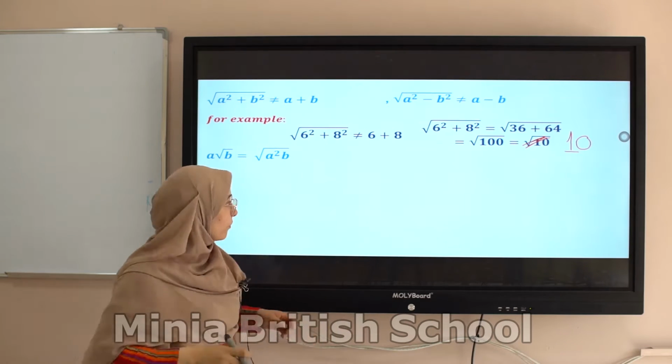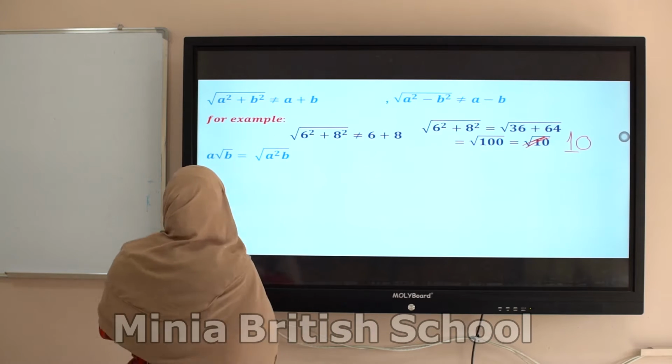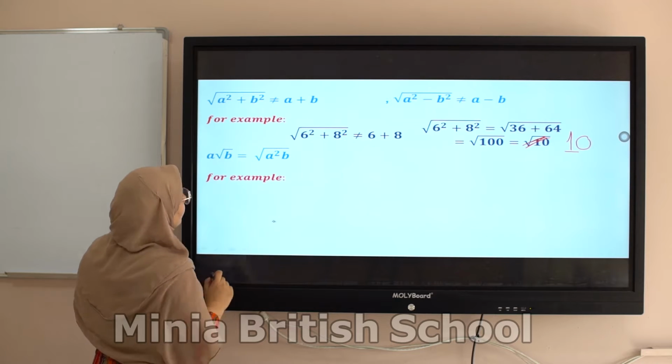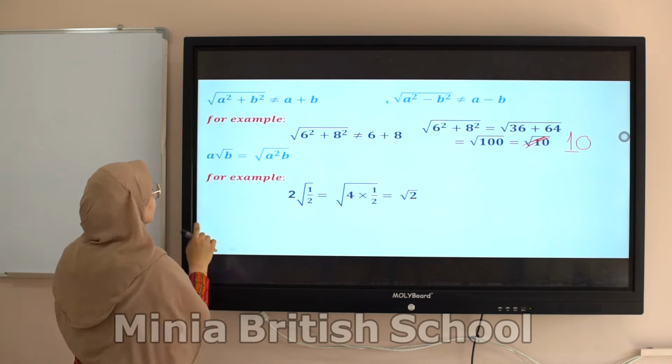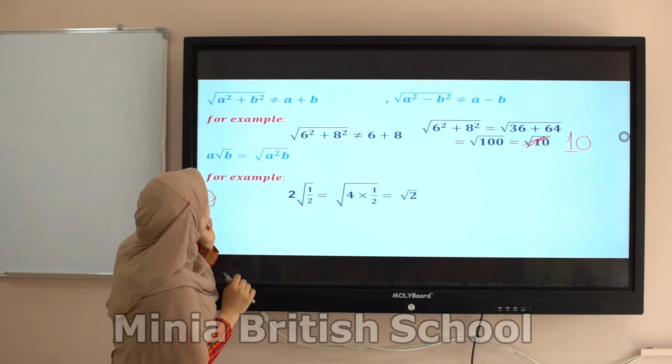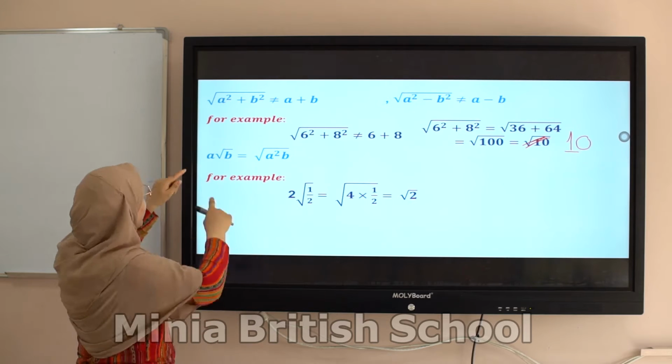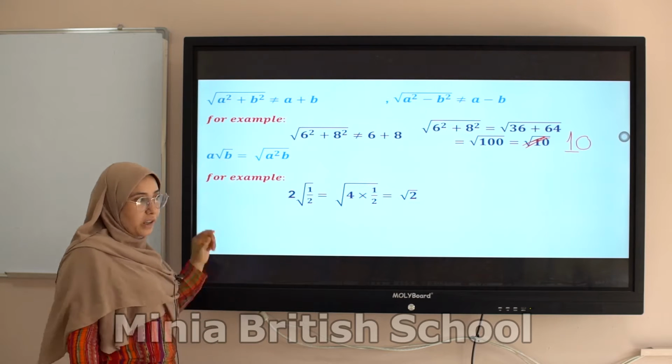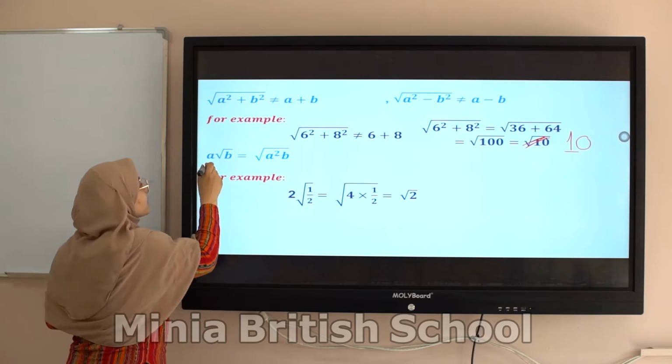Now, for example, A root B, you can simplify.